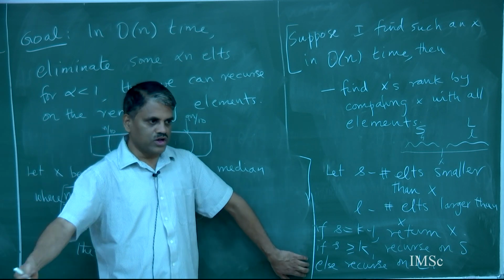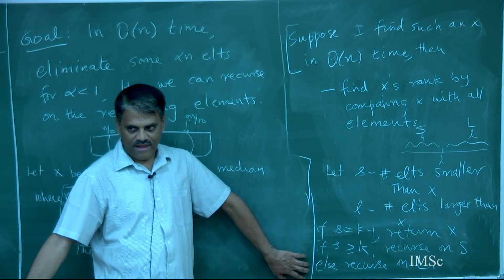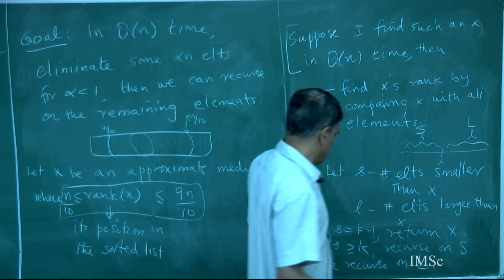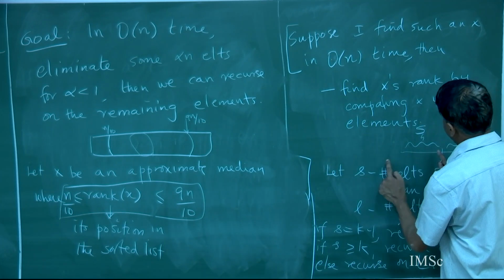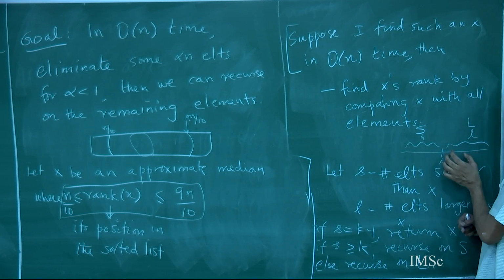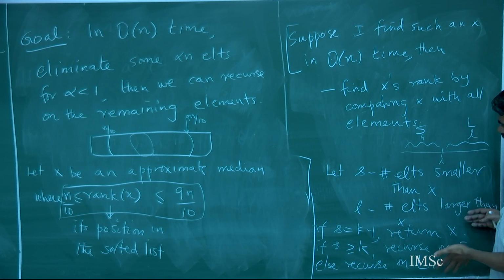But when I recurse on L, which element do I look for? Not the kth smallest element, right? If S is smaller than k, let's say S is 10, I look for the (k minus 10)th ranked element. So the k changes, but now I recurse here. This is my entire algorithm.